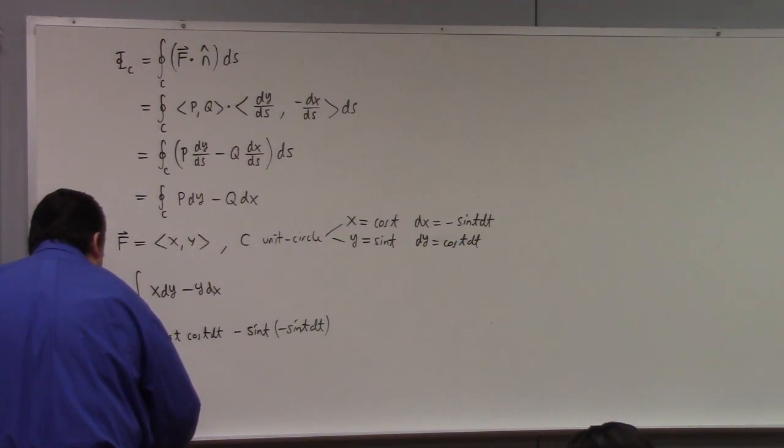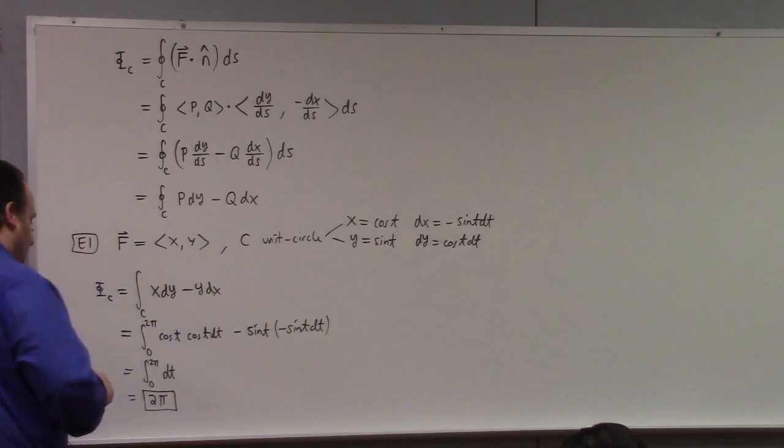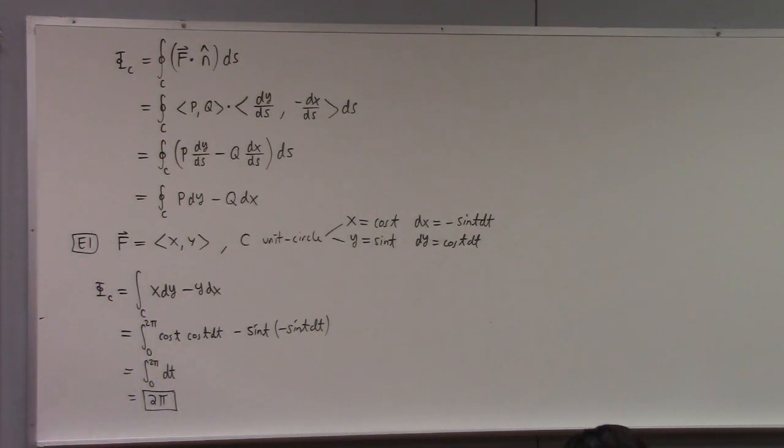That exacts a heavy price from you, doesn't it? So anyway, there you go. The flux of this vector field through the unit circle is 2 pi. Does this make sense? I mean, it's calculation, but any questions?